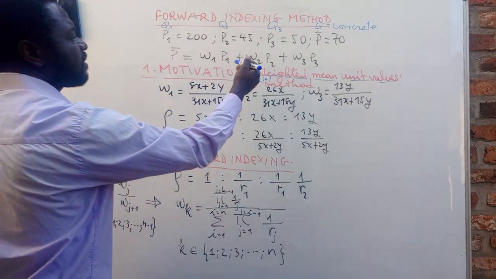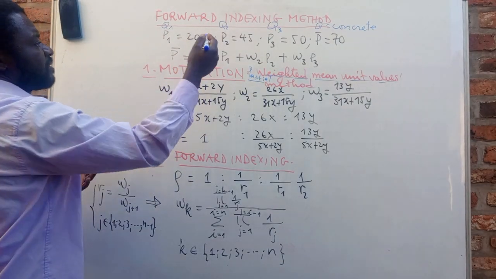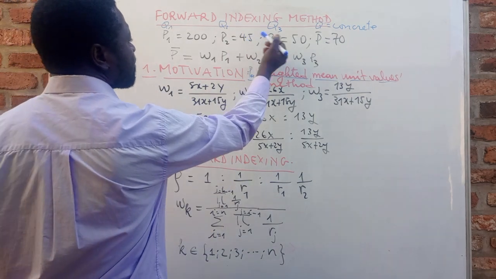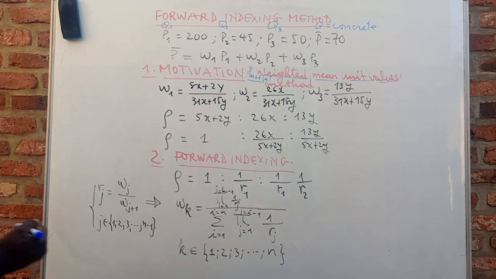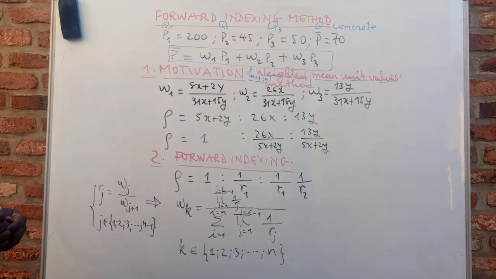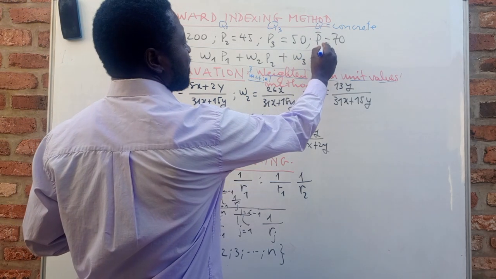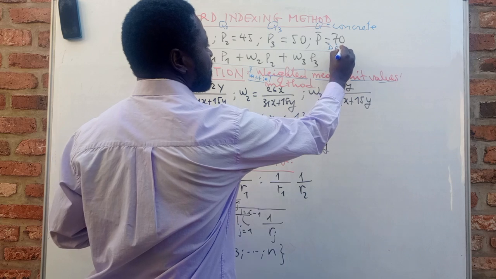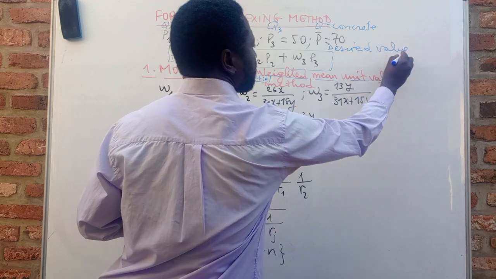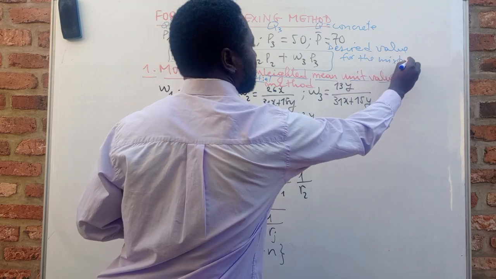For each component we have a price. Price 1 is 200 francs per kilogram, for example, the second is 45, and the third is 50. Now we had this equation, where we desire the price, the desired value, for the mixture, the concrete.